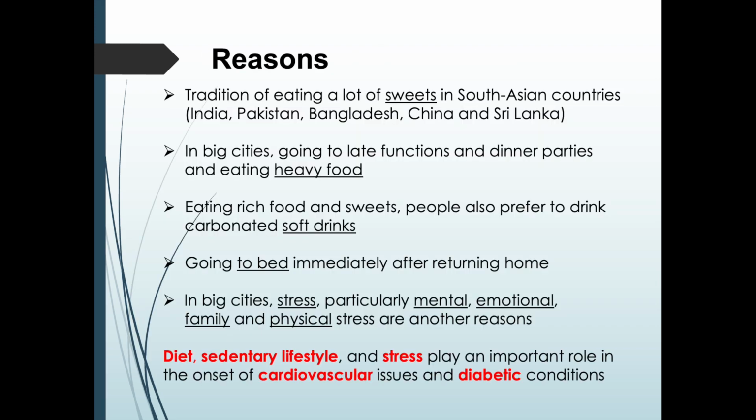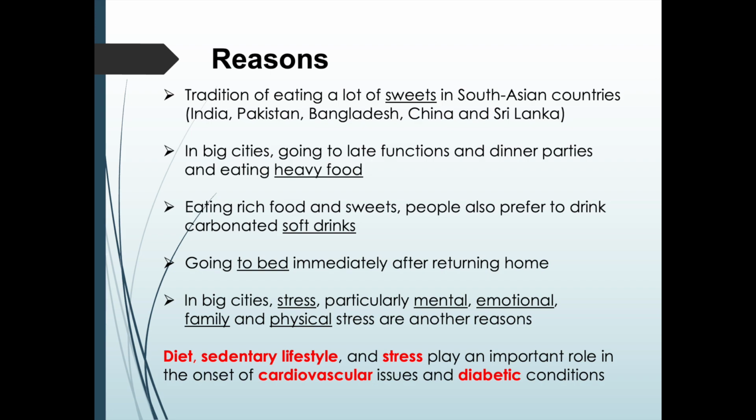Reasons: the tradition of eating a lot of sweets in South Asian countries, particularly India, Pakistan, Bangladesh, China, and Sri Lanka. Now you can ask me why China or Sri Lanka or Bangladesh eat more sweets. China doesn't eat much, but their staple food is rice, which is nothing but carbohydrates, so that is the reason they also have high prevalence there.